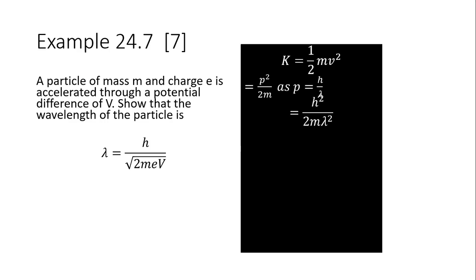That's all. You square p, so p squared becomes h squared over lambda squared, and then there's your 2m. And use that equation: work done equals maximum kinetic energy. Remember that kinetic energy.